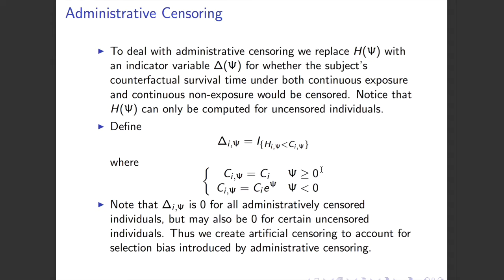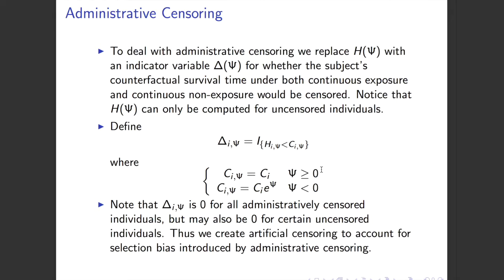So if psi is greater than 0, that means that the treatment is harmful. In that case, if treatment is harmful, then if we observe you when you have been treated, we may not observe you when you're not treated, because you may have lived longer past the administrative censoring time.